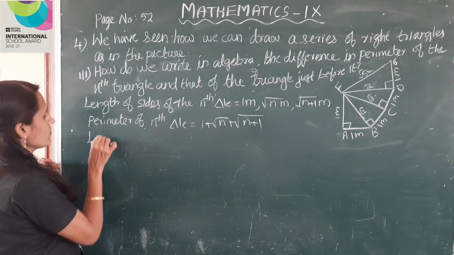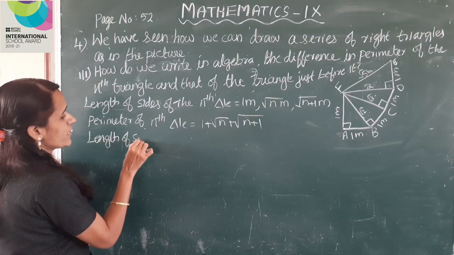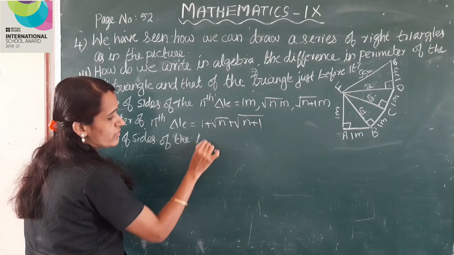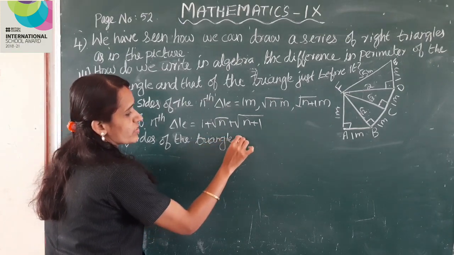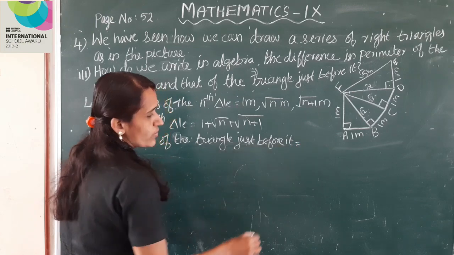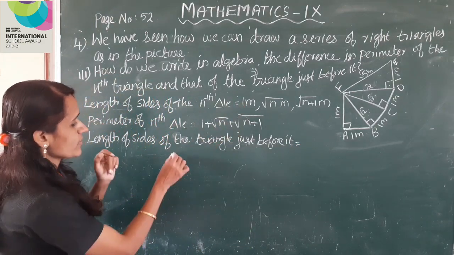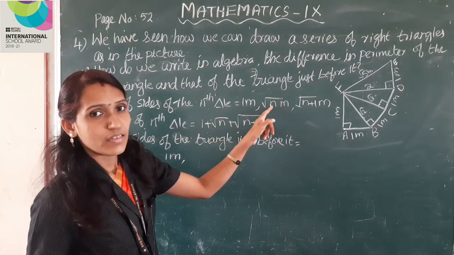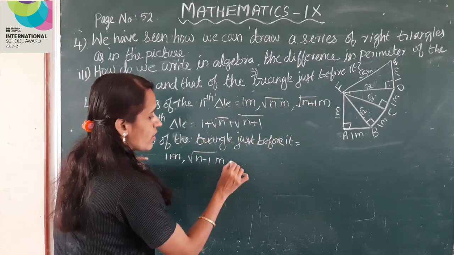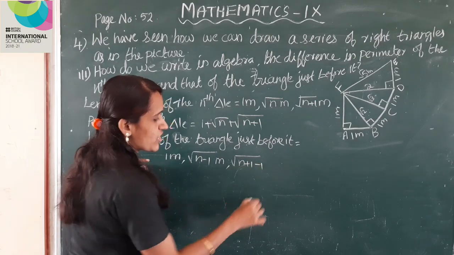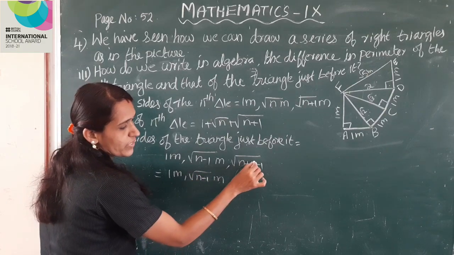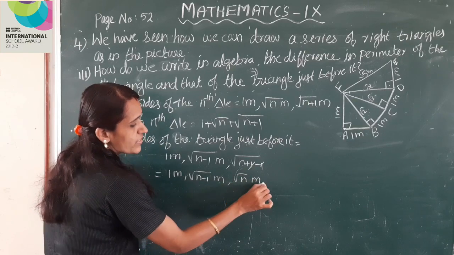Next, the lengths of the sides of the triangle just before it: base is 1 meter, altitude is root n minus 1 meter, and hypotenuse is root n meter.